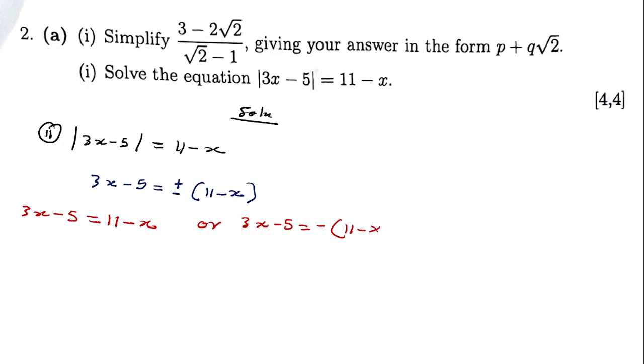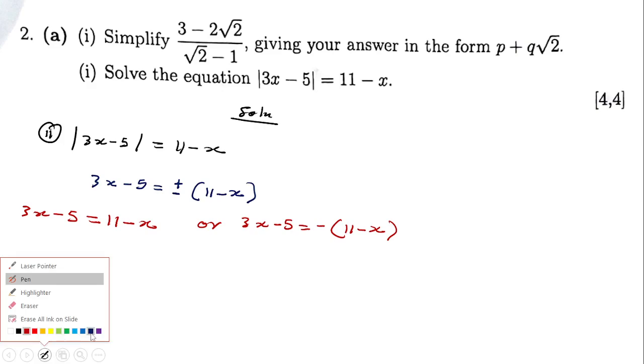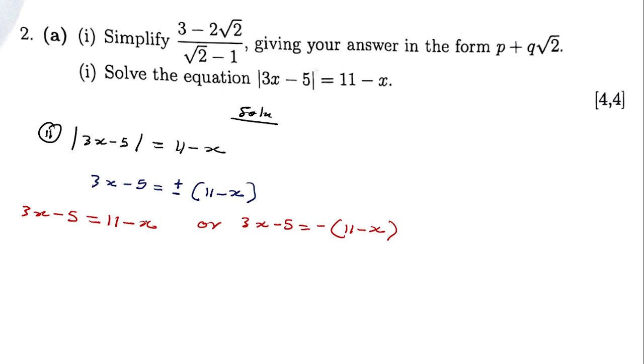So these are the two equations that have been produced after trying to get rid of the modulus. With that, we can easily work on this. Let's quickly work on the first one. You collect like terms.